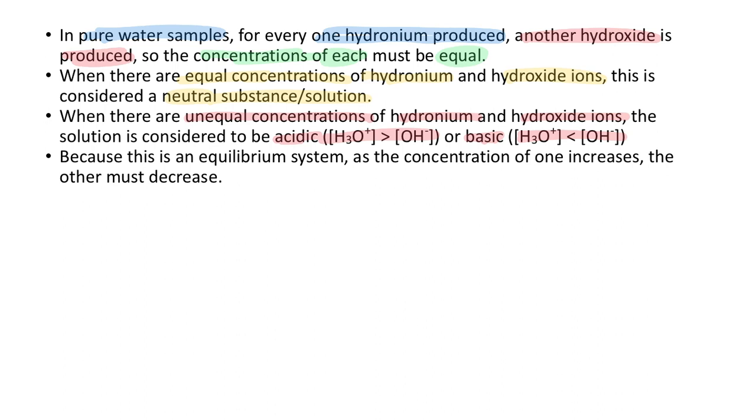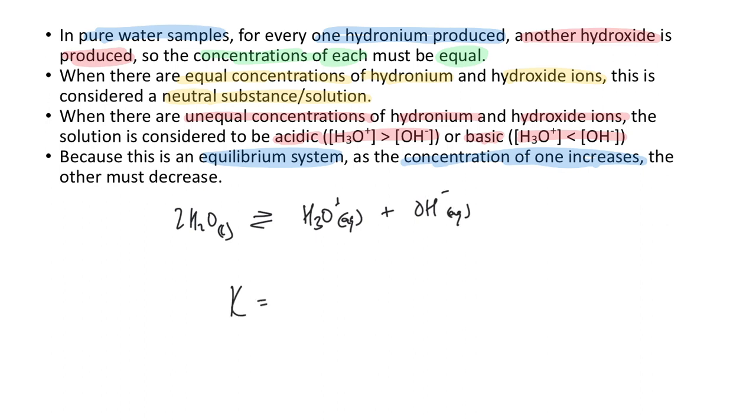The idea is that whenever you have this equilibrium system and you keep the temperature the same, if the concentration of one increases, the other one must decrease. Why is that? So let's have a look. This is the self-ionization equation. If we were to turn that into a K value, we call this KW.